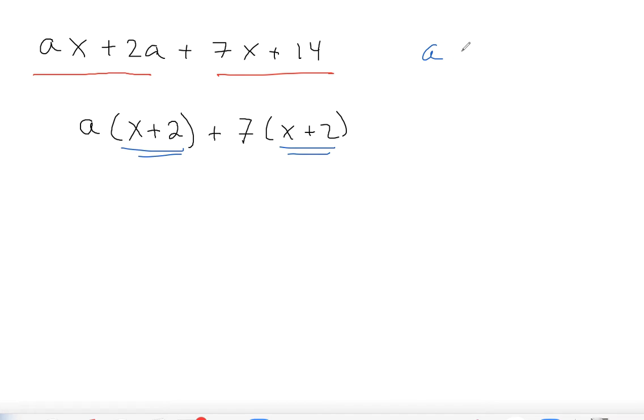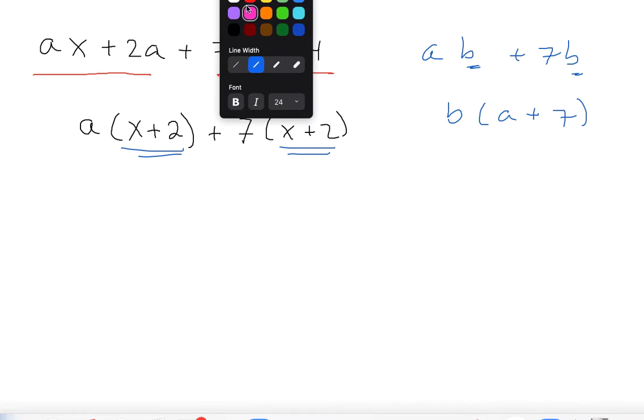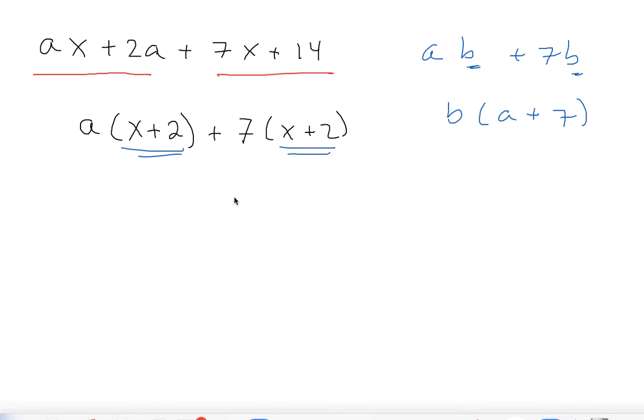The same way if I had AB plus 7B, and I had that B in both places, notice how that's the exact same shape as this. I can take the B out front and it leaves an A plus 7. Down here, I can take the x plus 2 out front, and it still leaves the A, because I would go x plus 2 times A, plus 7.